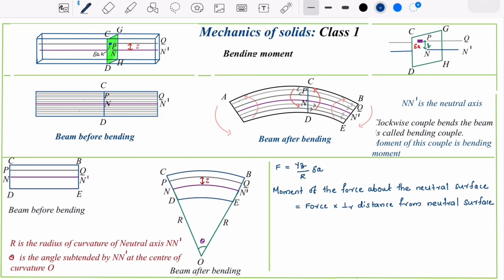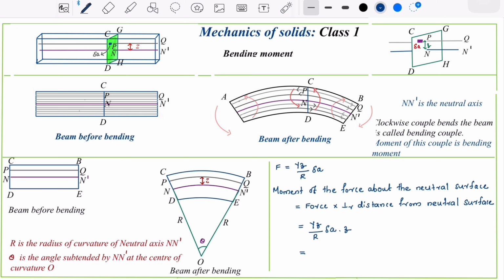Now what is the moment of the force about the neutral surface? It is the force into perpendicular distance from the neutral surface, that is equal to YZ by R into delta A, and this delta A is at a distance Z above the neutral surface.